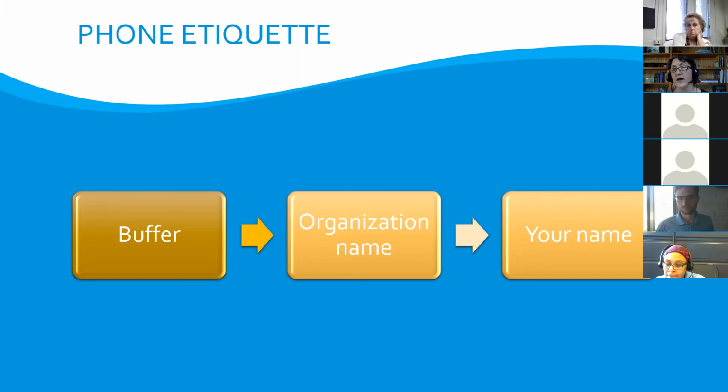That's very often what happens when you call a cable company or a phone company. You reach a computer who gives you the buffer and the organizational name. Once someone gets to you, a human, you can choose to use all three again, or you can choose a modification of that. You just want to be mindful of your customer's experience in your phone system, right?